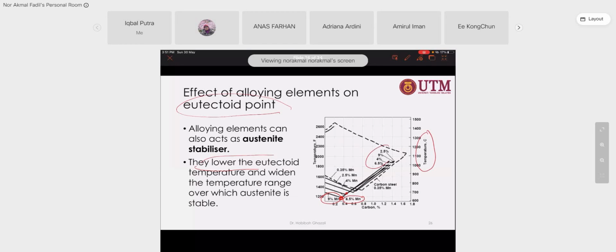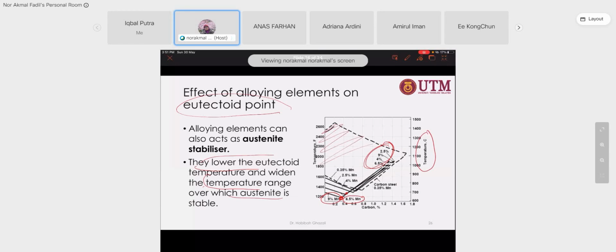Oh, okay, this is the carbon percentage, with different carbon and manganese percentages. At this point, you can see that it is not just lowering the eutectic temperature, but also widening the temperature range of the austenite.